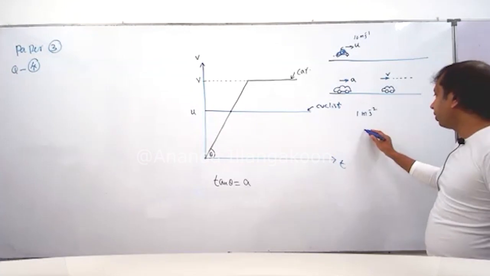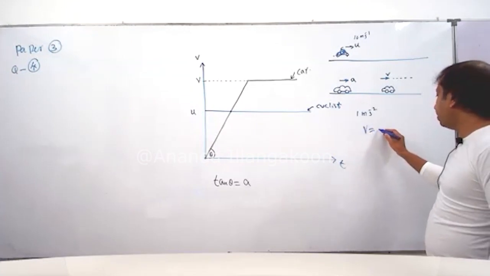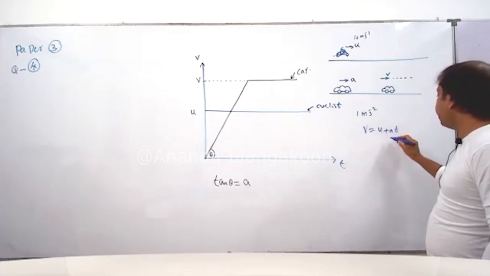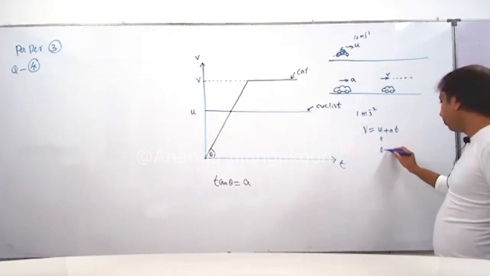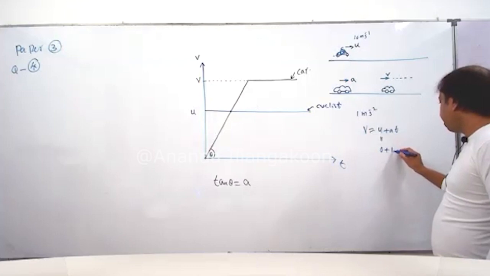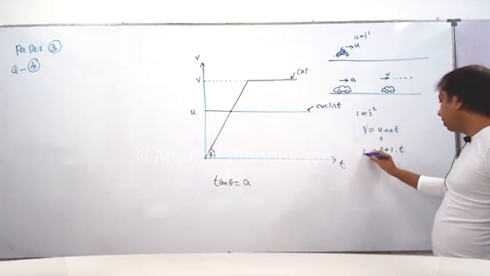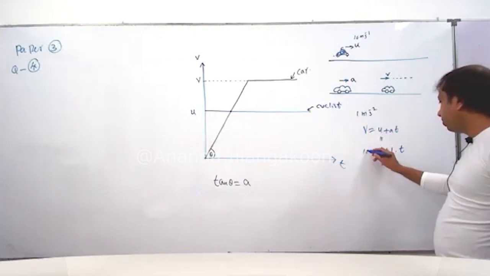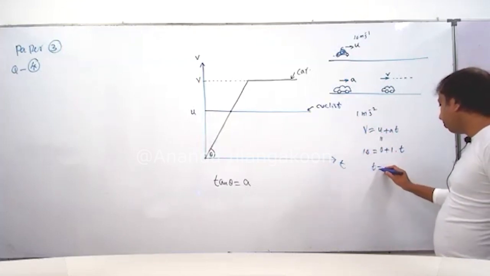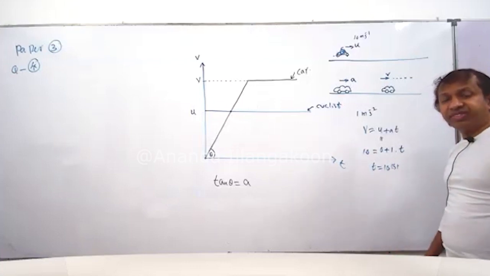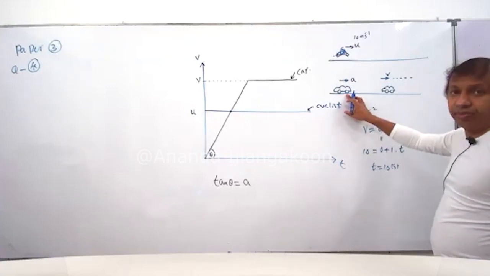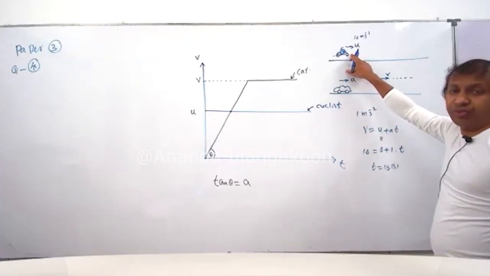How? If we apply v equals u plus at for the car, the initial velocity is 0, acceleration is 1, time is t, final velocity is 10, then you can see t equals 10. After 10 seconds only, the motor car will get the velocity of the cyclist.